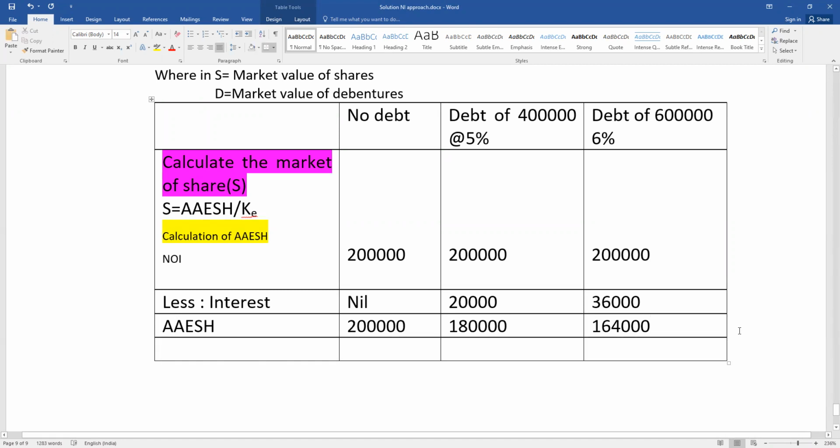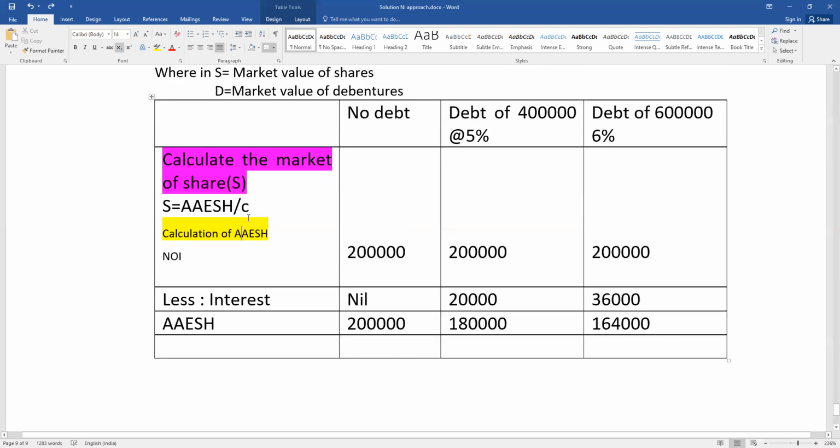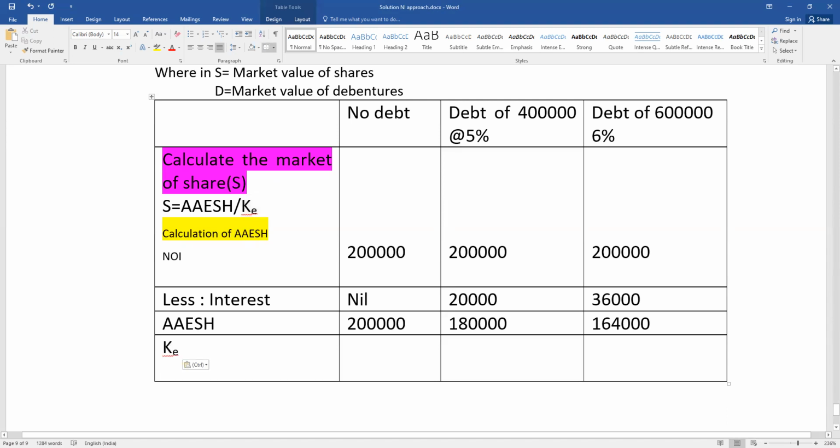Now you want cost of equity. Cost of equity is already given. KE is already given. Yes or no, students? Yes, ma'am. Your KE is nothing but cost of equity, or equity capitalization rate.